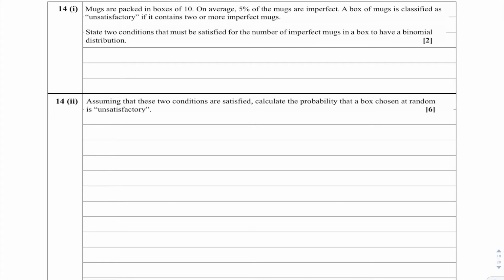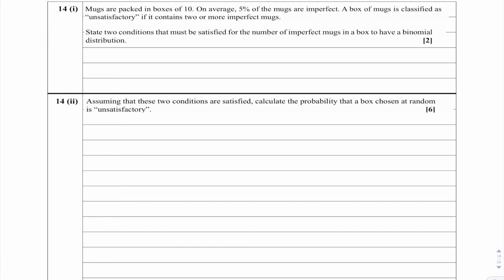Question 4.1. Mugs are packed in boxes of 10. On average, 5% of the mugs are imperfect. A box of mugs is classified as unsatisfactory if it contains 2 or more imperfect mugs. State 2 conditions that must be satisfied for the number of imperfect mugs in a box to have a binomial distribution.